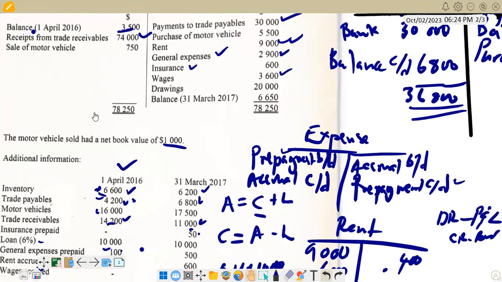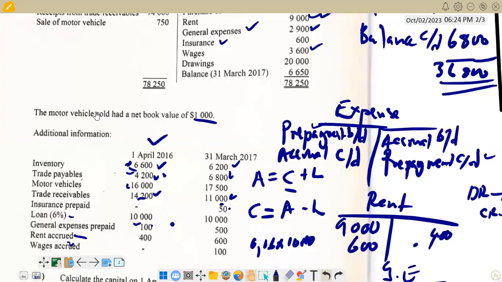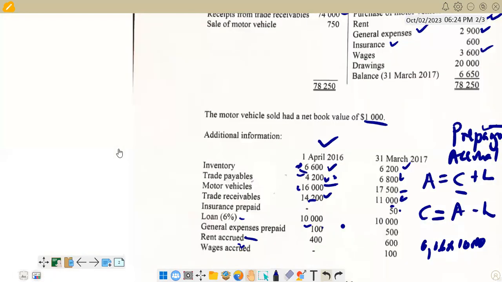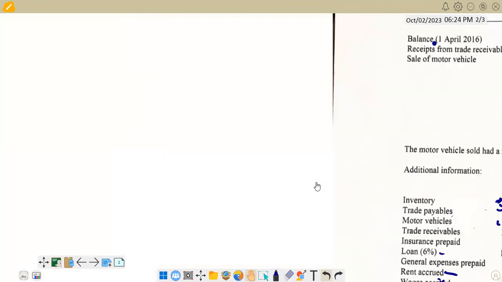But we are given the balances. For motor vehicles, we are given the balances that we have here. We've got 16,000 at the beginning and 17,500 at the end. So we assume these figures are net book values. So we need to find the figure for depreciation using those figures. Remember, these are incomplete records.